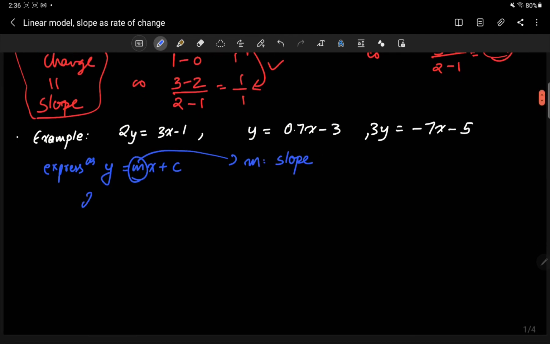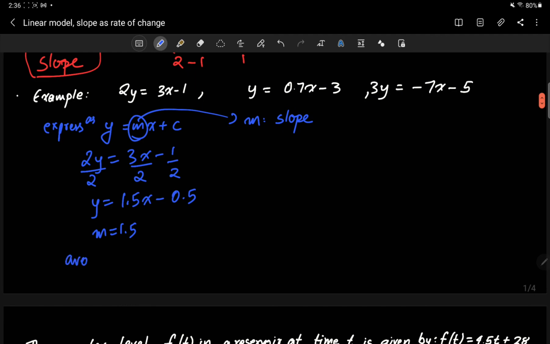So the first one, we have a 2y, so I'm going to get rid of that by dividing everything by 2, and I get 1.5x minus 0.5. So the slope is 1.5, and that is also the average rate of change. Yeah, it's the same thing.